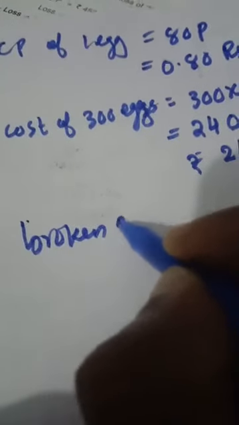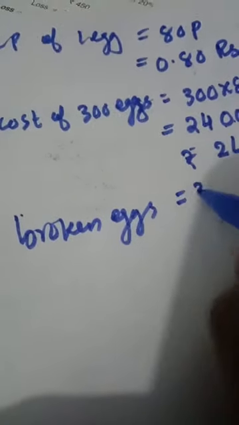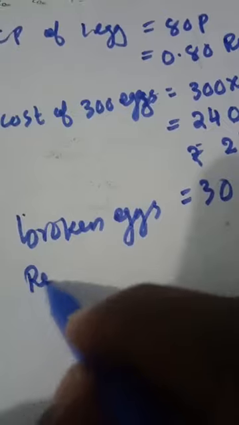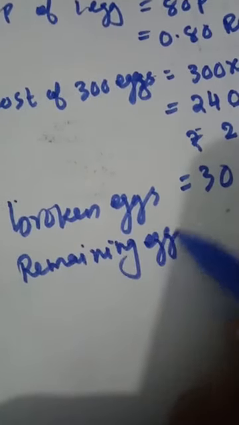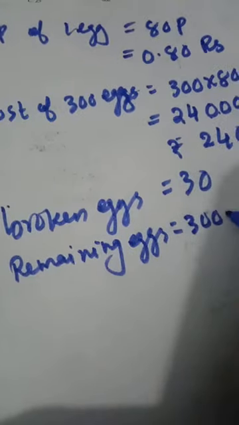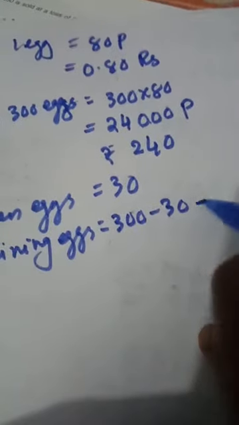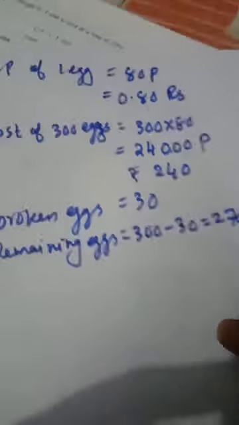Now 30 eggs were broken. Broken eggs 30. So remaining eggs: 300 minus 30 equal to 270. Okay, 270 eggs.